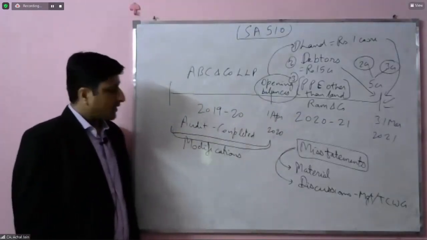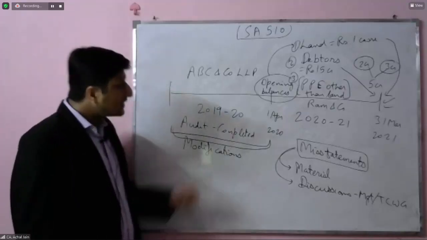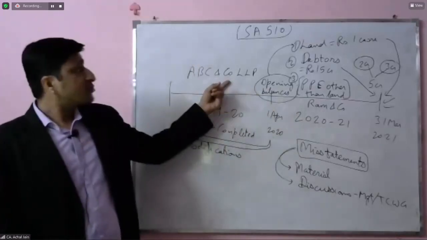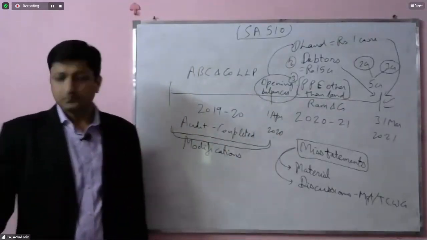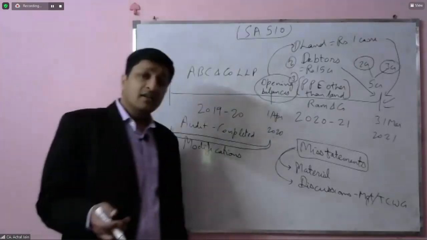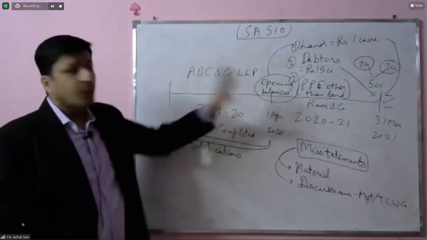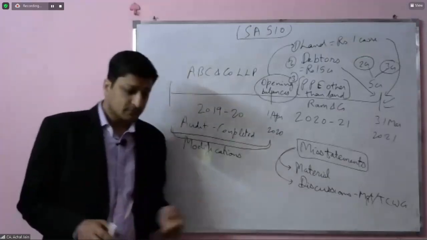Number two, situation number two, which is possible, is that in the last year, the previous auditor issued a modified opinion, and the modified opinion relates to the opening balances, which are now carried forward.